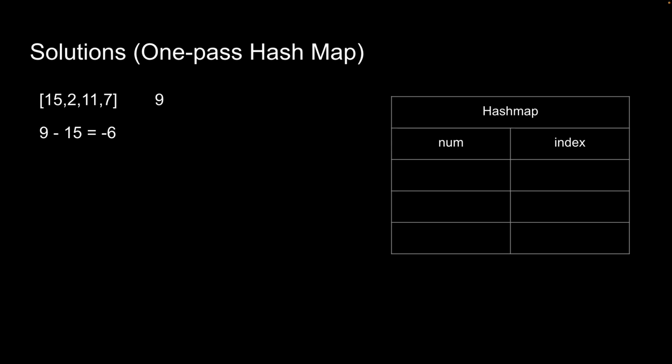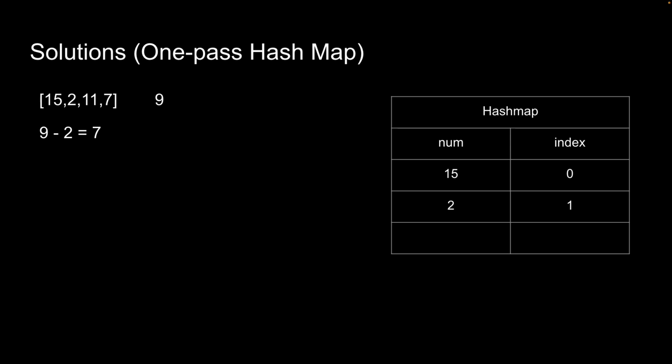No, it's not. Now we will put the number, in our case 15, into the hash map with its index 0. The next number is 2, and we will subtract it from 9 and check if it is in the hash map. It's not, so we will put it into the hash map with the number 2 and index 1.